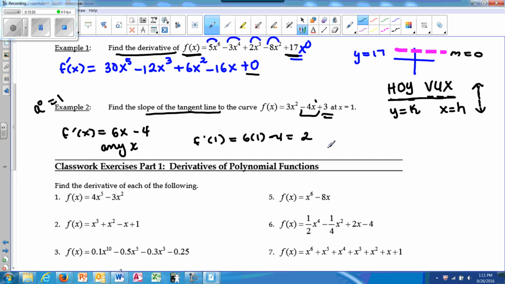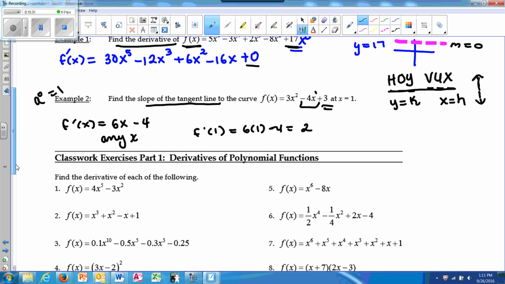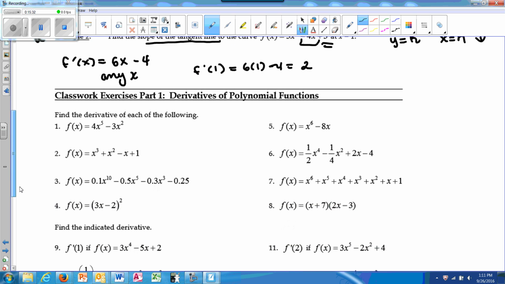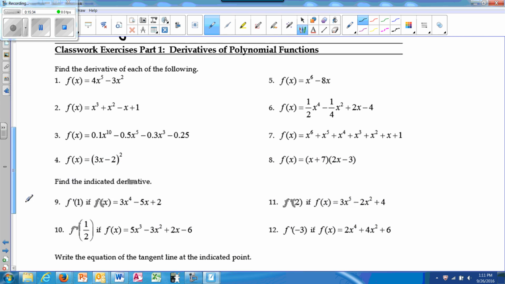But anything to the 0 power is just 1, so I really don't have to list that. And the derivative of a constant is 0. So this would tell me what the slope of the tangent is at any x. If I want the derivative specifically at x equals 1, I would have to substitute 1 in and get the slope as 2.